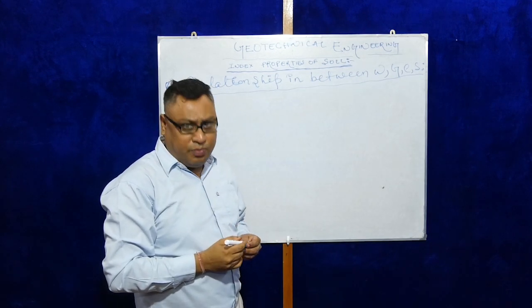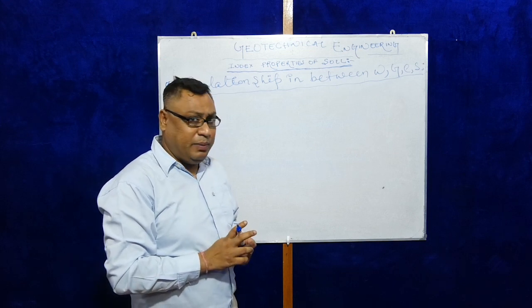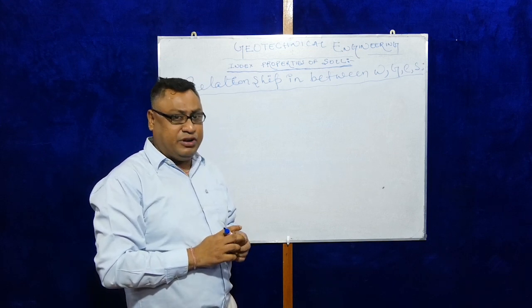G means specific gravity of soil. E means void ratio of soil. And S means degree of saturation of soil.